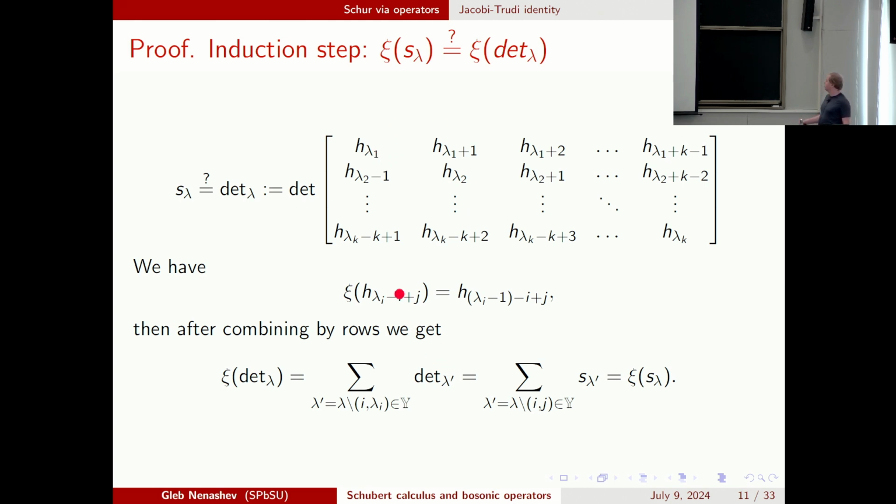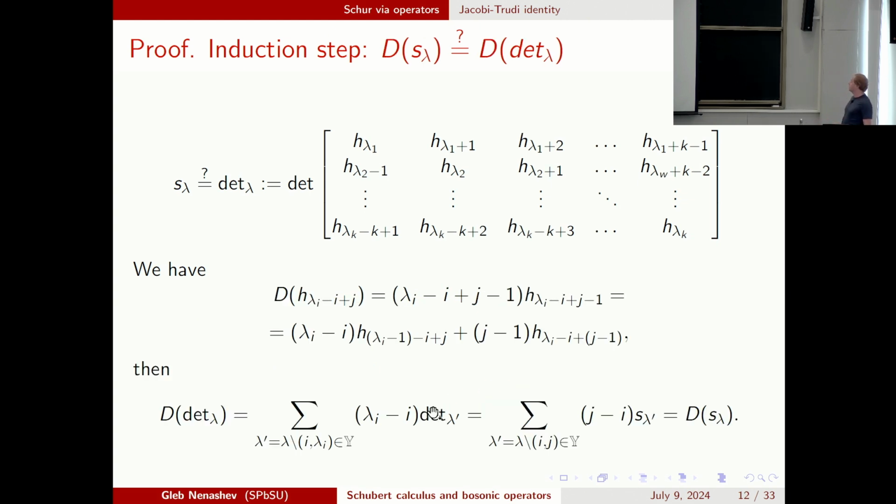So for Xi, we just need to remove one from the index. When it is from the first row, we change lambda 1 to lambda 1 minus 1, then we change lambda 2 to lambda 2 minus 1, etc. And in fact, if it became not a Young diagram, the determinant will be 0. And when it's still a Young diagram, it means that we deleted one box. And it's what we need, because by the induction step it holds.